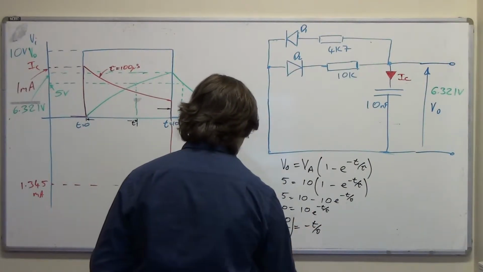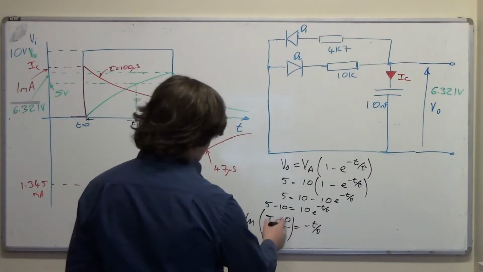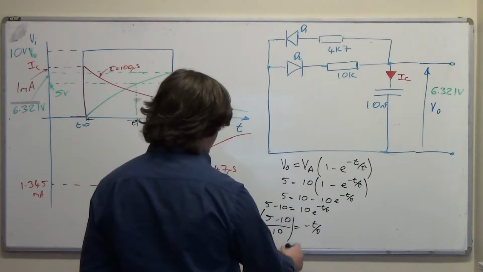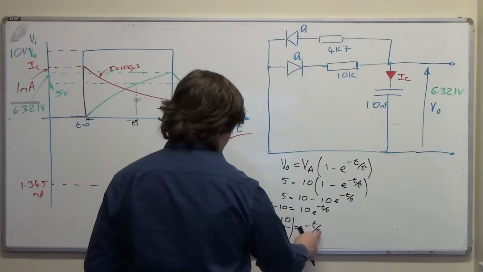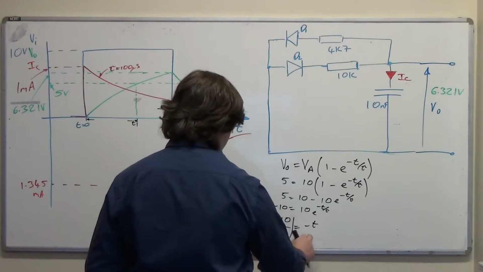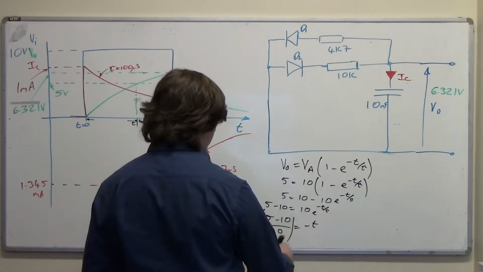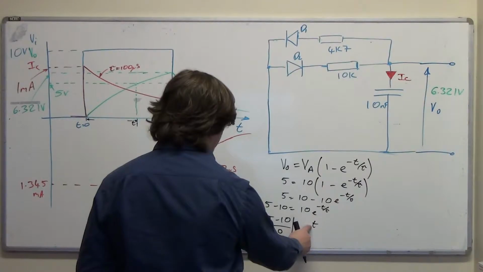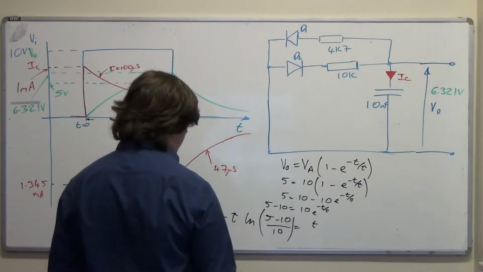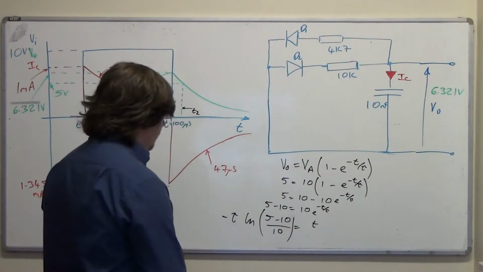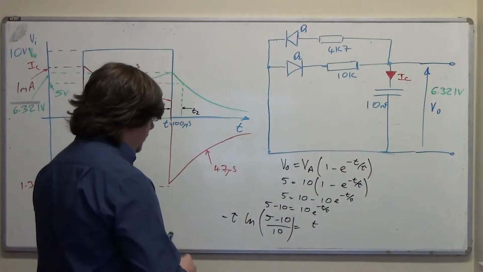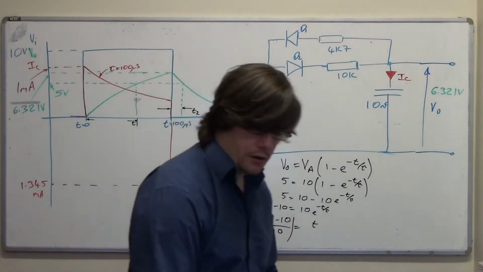We'll take logs of both sides, and that leaves us with minus t over tau. Then we'll multiply through by tau, which gives us tau ln((5 minus 10) over 10) is minus t. Then we'll multiply both sides by minus 1, which leaves us with minus tau ln((5 minus 10) over 10) is t.